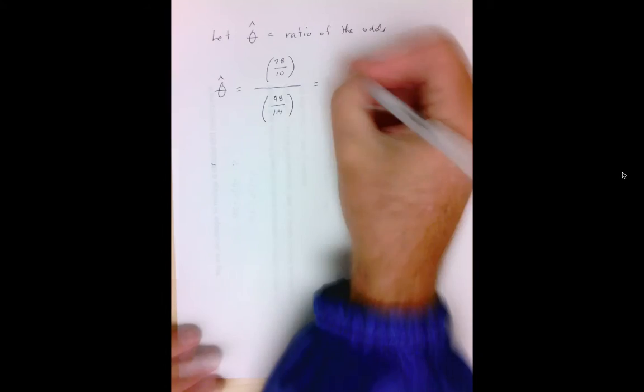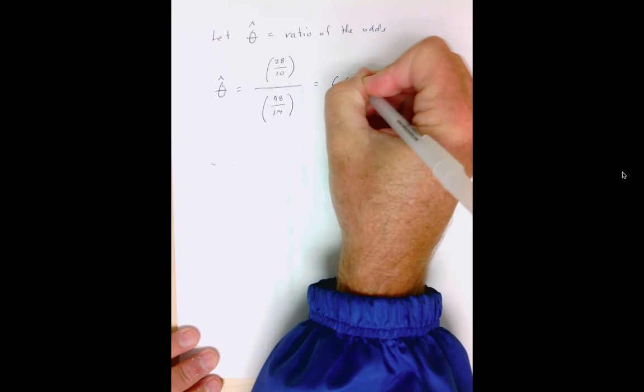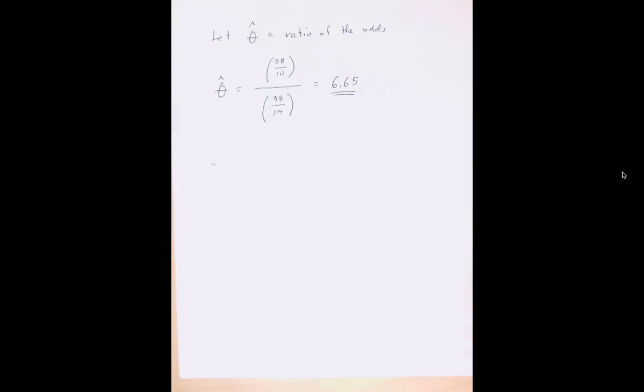We get an odds ratio of 6.65. So for our problem here, this turns out to be our theta hat.